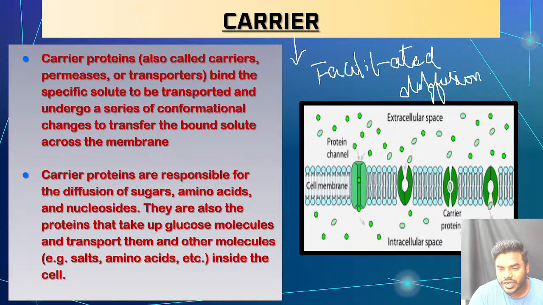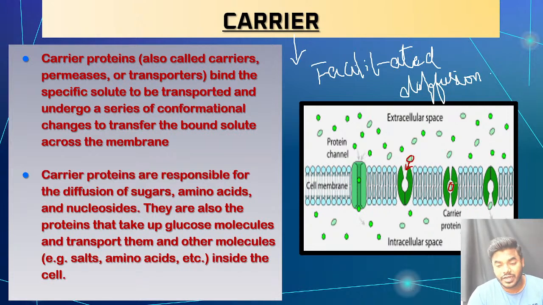This is the ion which has to be transported across the membrane, but the point is they cannot cross the membrane. So this particular ion will come and associate at a particular binding site.